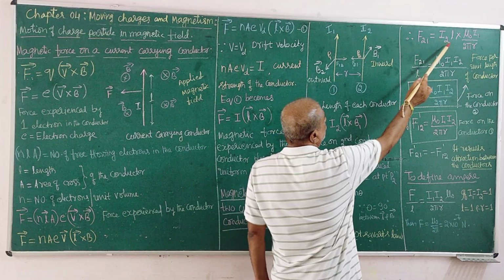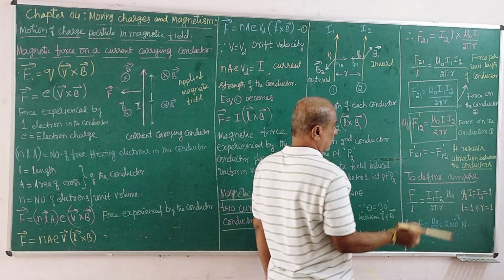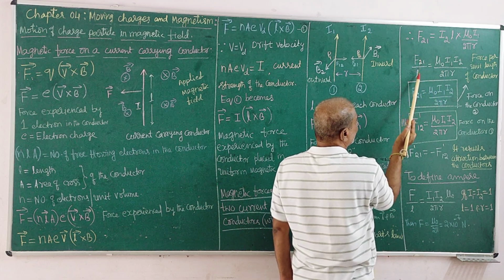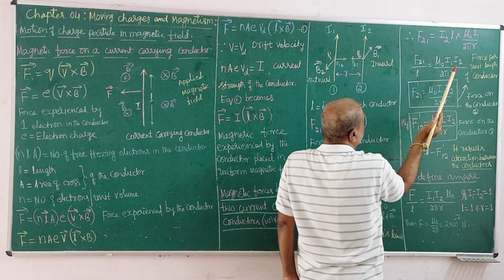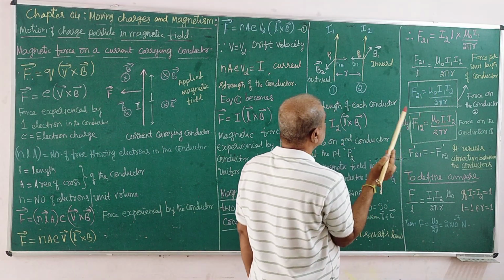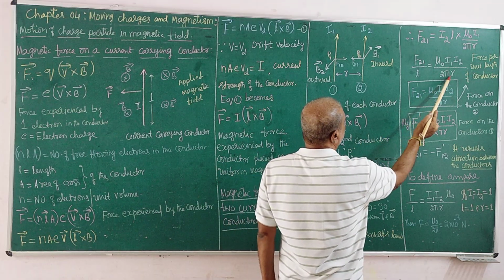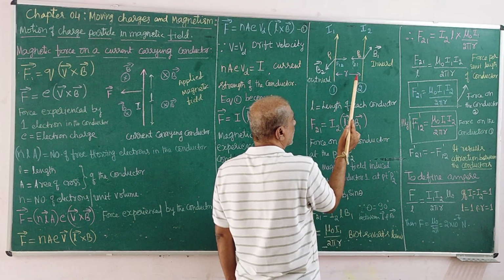F2 equals I2 L mu naught I1 divided by 2 pi r. And take the L to the left hand side, F by L, and the right hand side is mu naught I1 I2. What is I2? It includes the currents in both the conductors. And 2 pi r, where r is the distance of separation between the two parallel conductors.